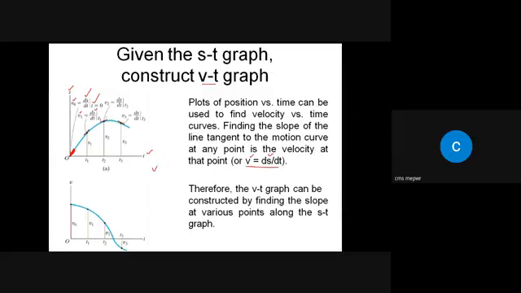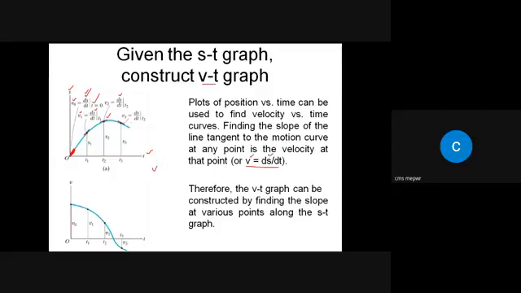Then at some instant 2, I found out another slope. So by finding out the values of slope at different positions, I can note down those values, and every slope will be equal to the velocity at that instant. In other words, if instead of slope I use the word velocity, now I have v naught, and the velocity at instant 1, instant 2, and instant 3.